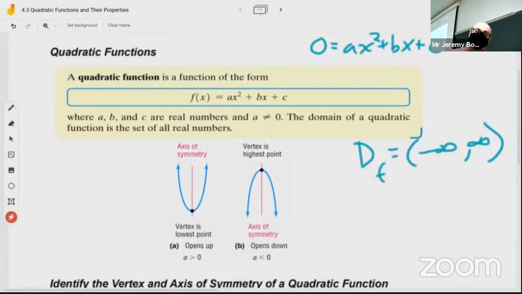It's an axis, and the graph is symmetric with respect to it. That's why we call it the axis of symmetry. And that axis of symmetry passes through a point. And that point is what we call the vertex.